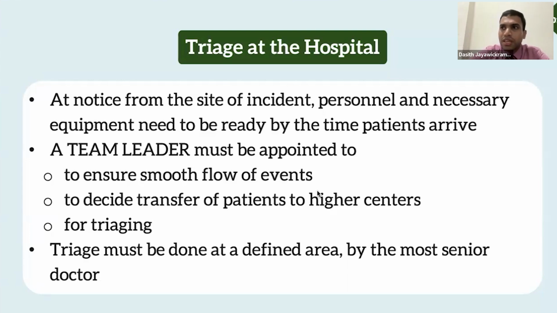Once the notice is there, the emergency department utilizes all the personnel. For example, they get down all the doctors, nurses, and because we need a lot of staff to cater to all these patients, get the doctors, get the nurses, get the minor staff, everybody.